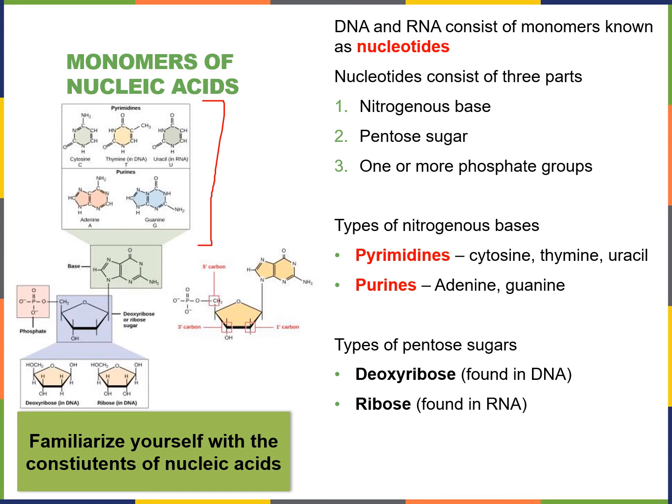Because somewhere in there is going to be a nitrogen instead of a carbon in one of the cyclic rings. A pentose sugar, right here. Pentose sugars: hydrogen, hydroxyl. Base for DNA, base for RNA. And then finally, one or more phosphate groups. There you go, our functional groups again. That's why I told you, you've got to learn them.